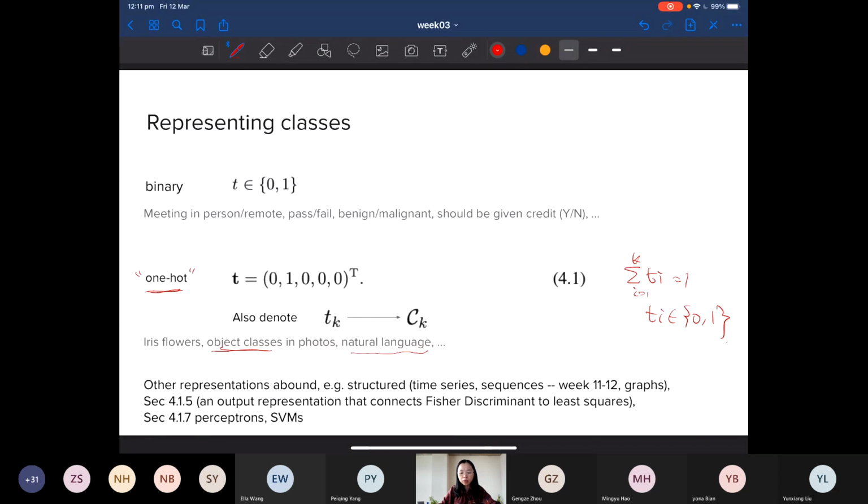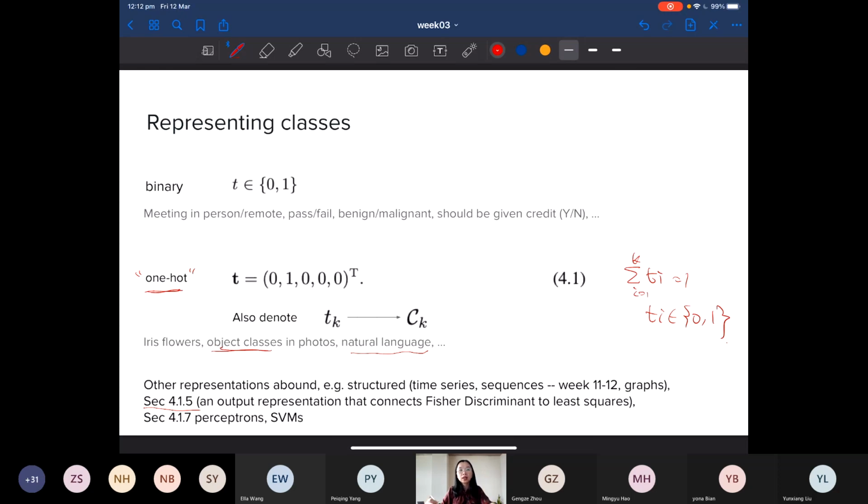For example, if we have time series or sequences, we might need a sequence of these labels. We might have a graph where there's a more complex structure. In section 4.1.5, we won't go through this, but if you are interested, you can see there is a derivation inside the section of the book that essentially connects what's called Fisher's discriminant to least squares by tweaking the output representation from binary to a real value, which is very neat.